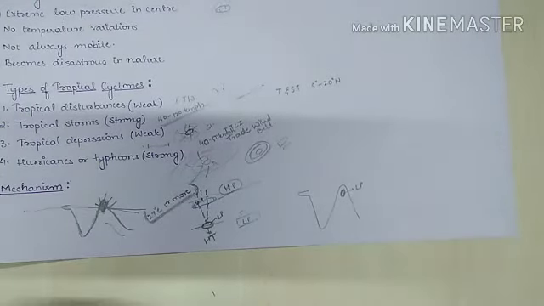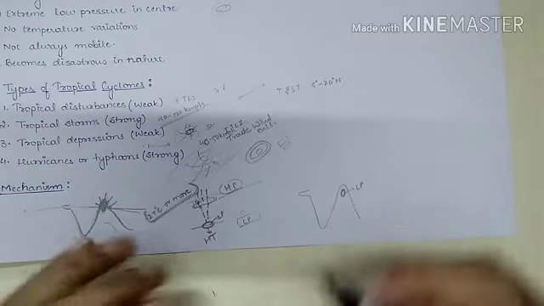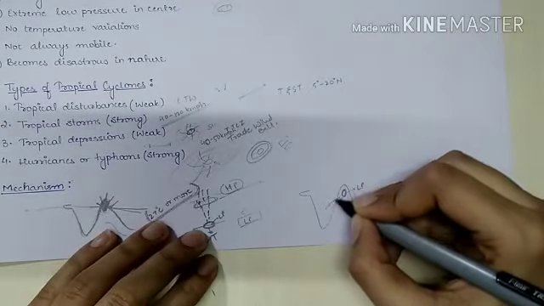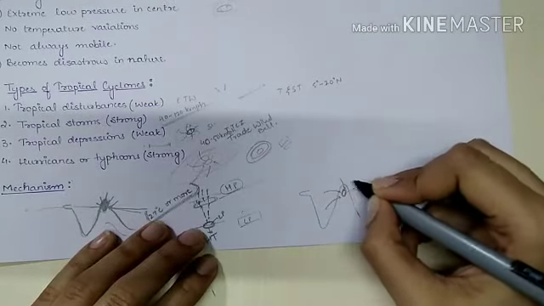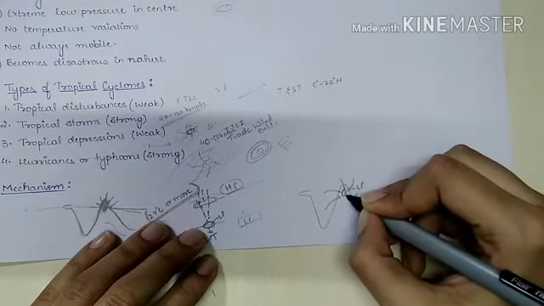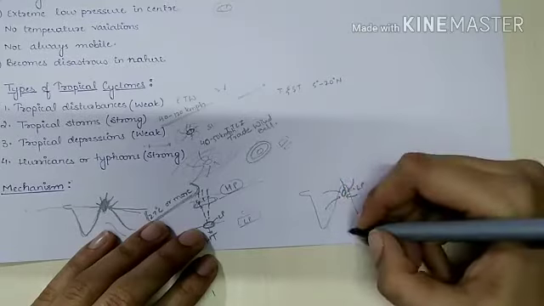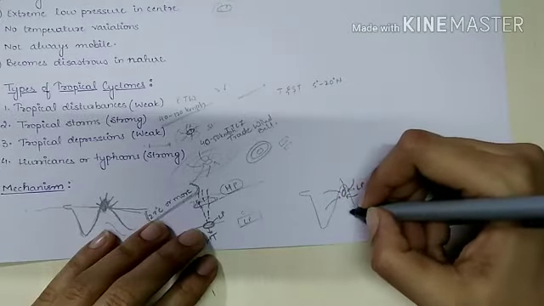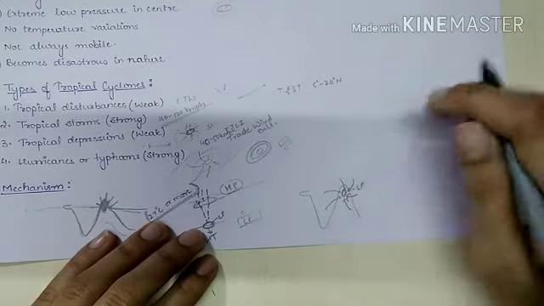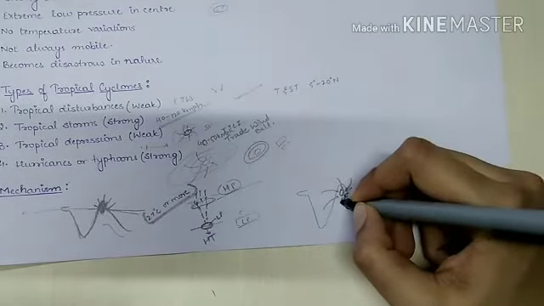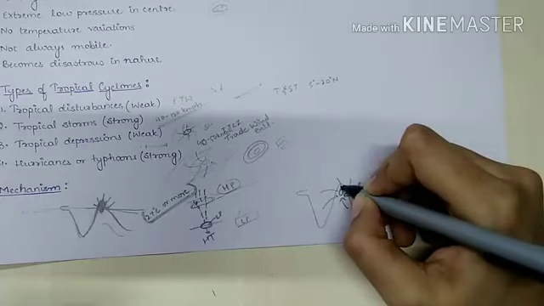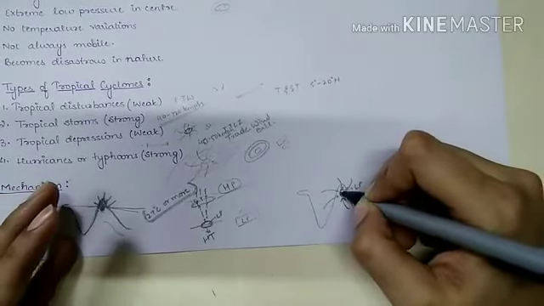This low pressure vacuum will be filled by the winds from different directions, and the winds that are coming will acquire a circulatory motion. Why? Because of Coriolis force. And now these winds will acquire circular motion.